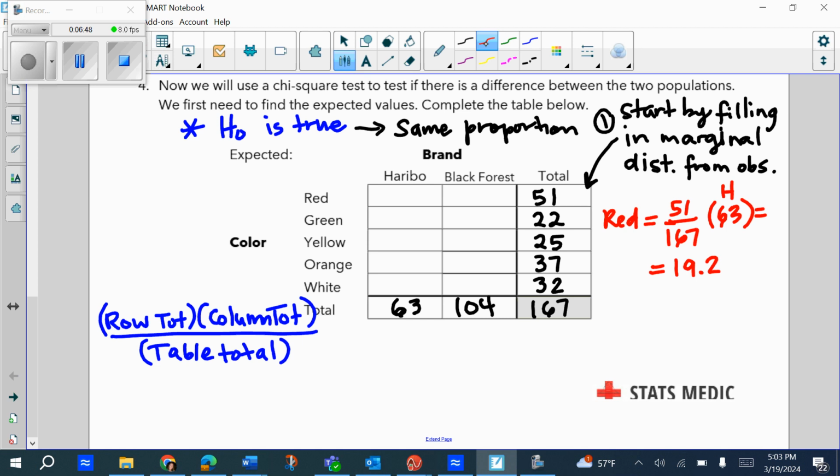Using this method, it gets you the same answer: the row total is 51 times 63 divided by 167.